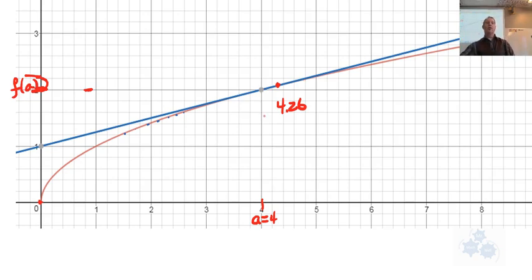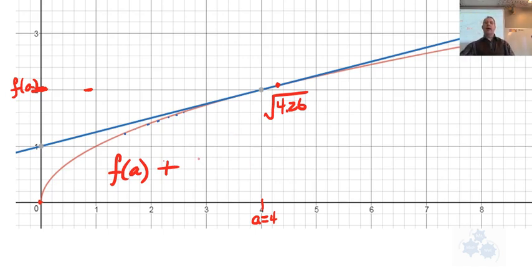So I don't know what the square root of 4.26 is, but I wonder if I could use the slope of the tangent line to find out what the y value of this point is. And so if you think about it, this is what I'm looking at. I'm looking at f of a, and I'm going to add the rise from the slope.